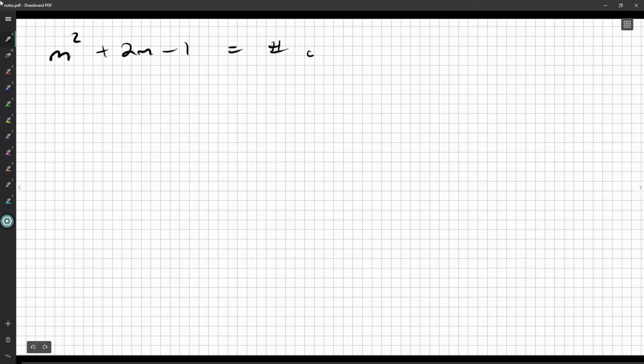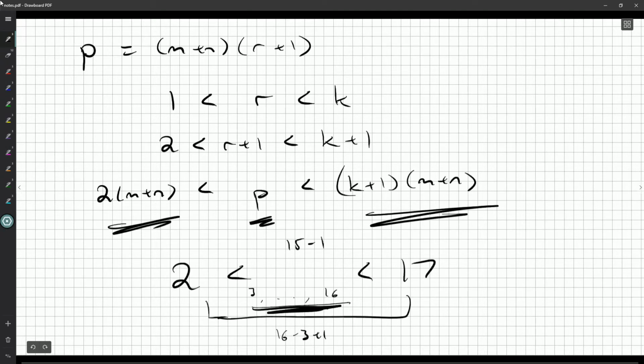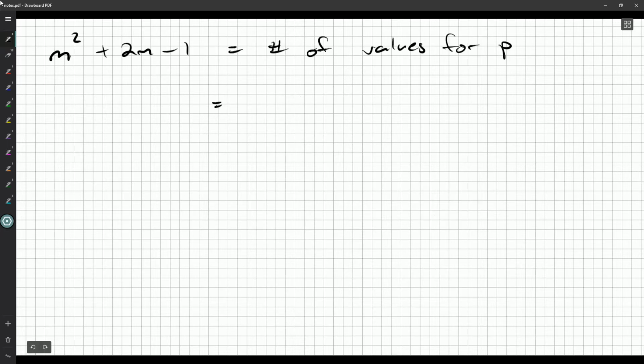That's the number of values for p, but I can also see it's this number minus 1, because these are strict inequalities, because r had strict inequalities. Right? Yeah.